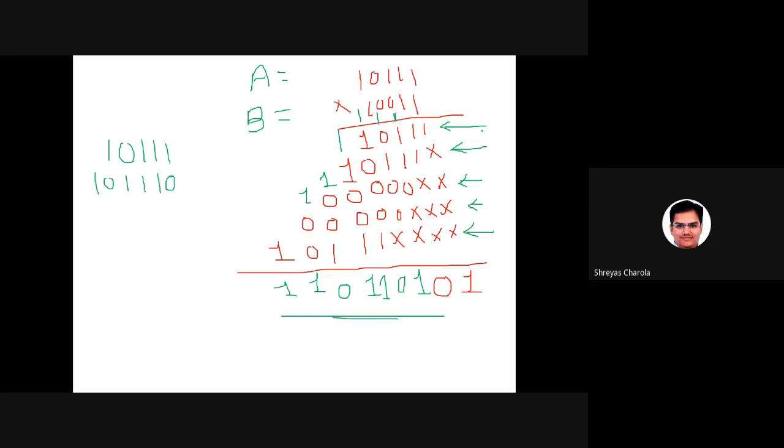Again when I got a 1, after 1, 2, 3, and 4 positions, the number 10111 appears. That means after 4 bits it has been shifted. Is it clear, all of you? That is the one observation you made. Very good, that observation is correct. There is also another observation. What is that other observation?